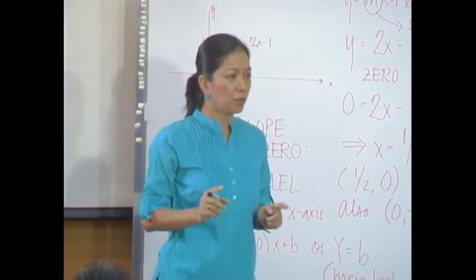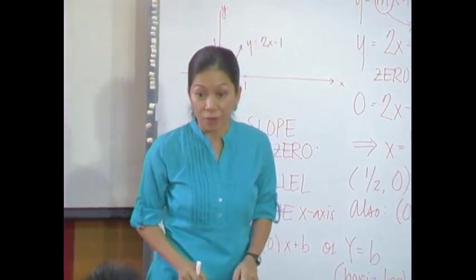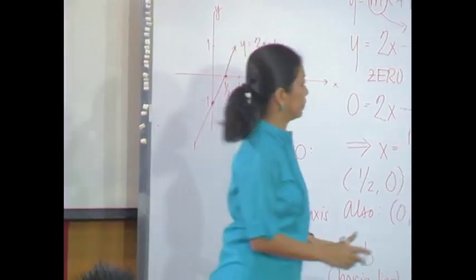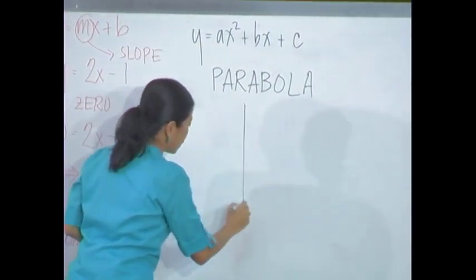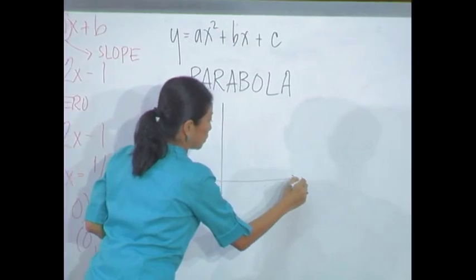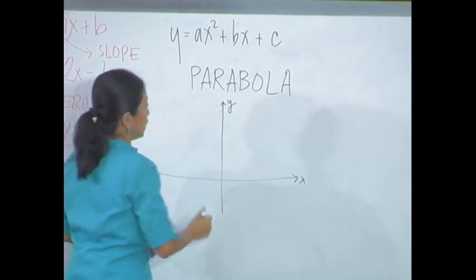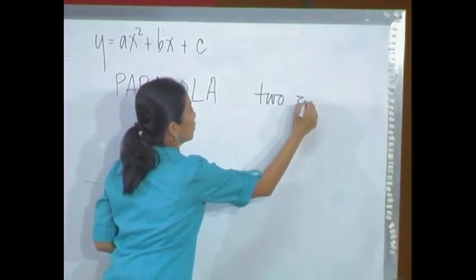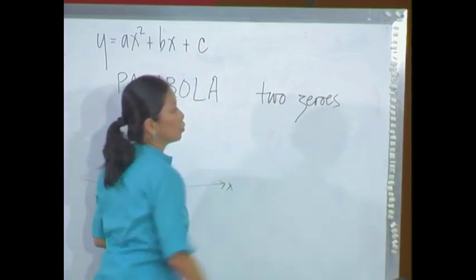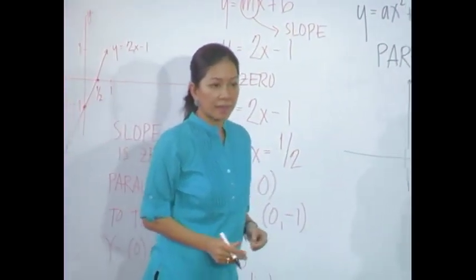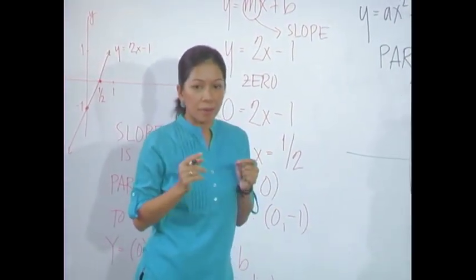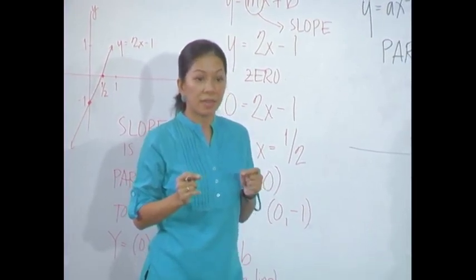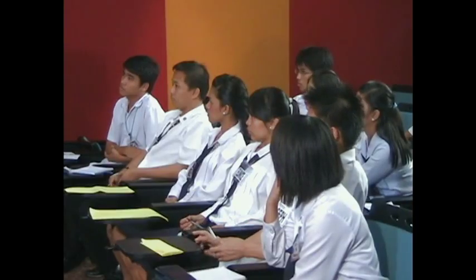Then it should give you a clear picture of the behavior of the parabola. Even without actually computing, if you say the parabola has 2 zeros, then the picture in your mind is the parabola will... Rosemary?